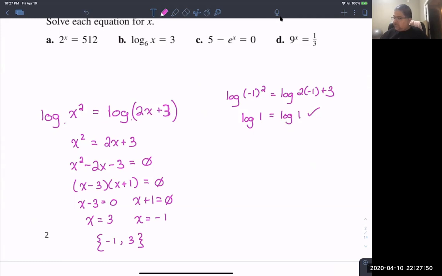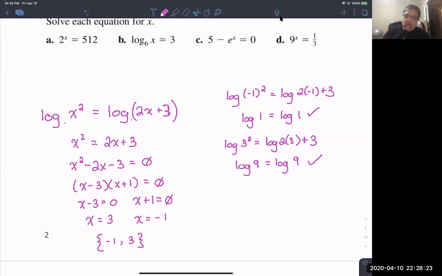So that works. Now we got to try 3. Okay. So log 3 squared, which is 9. 2 times 3 is 6, plus 3 is 9. So 3 works. Okay. So both answer options are correct.